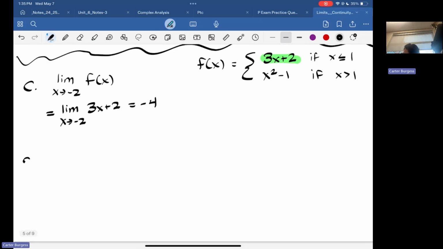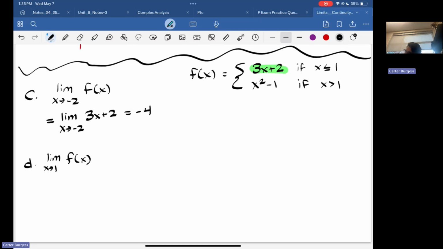On the other hand, if we are looking at D, which is asking the limit as x approaches 1 of f of x, notice that around 1, we've got vastly different behavior on the left-hand side of this value and the right-hand side of this value.